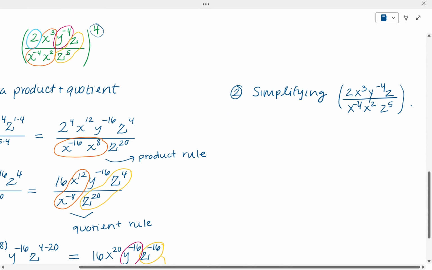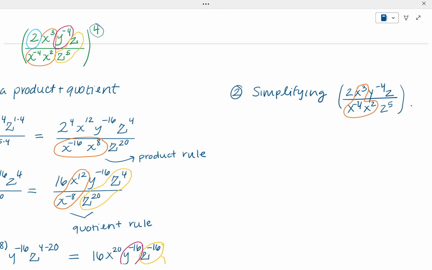All right, so we can do that by using the product rule in the denominator for the x's, and then we can also use the quotient rule.